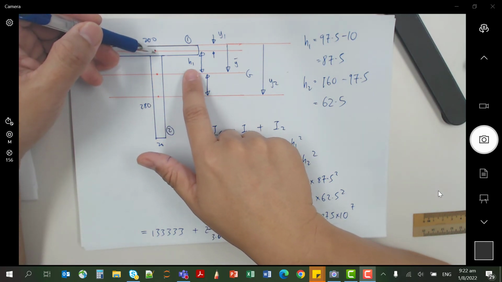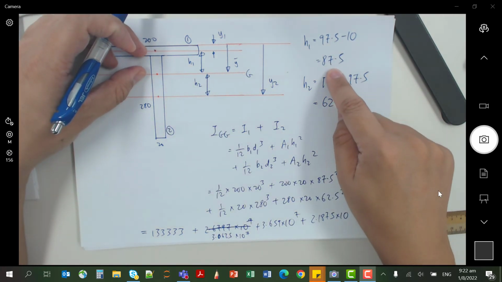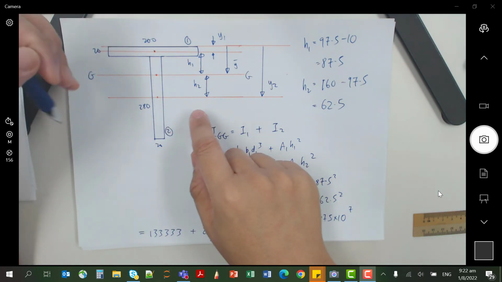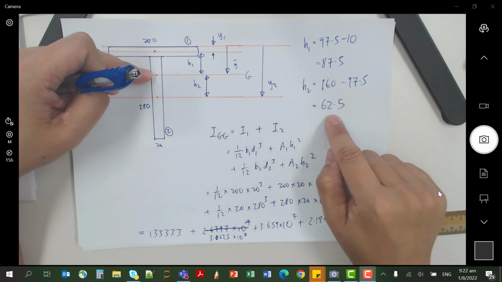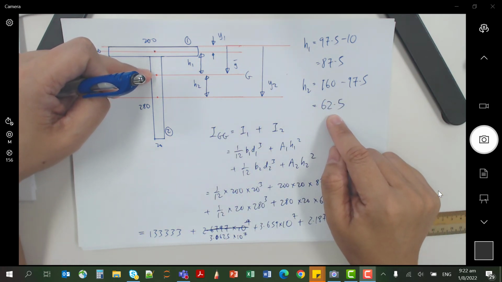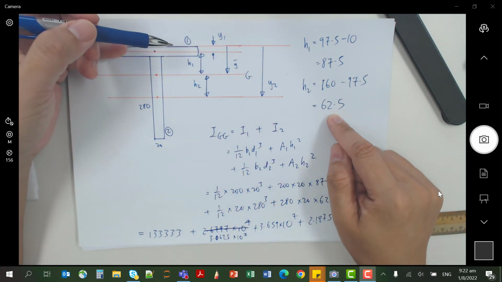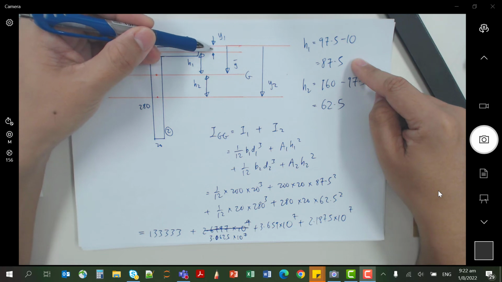H1 is this value here, 87.5. And H2 is the distance CG2 is away from the GG line, which is 62.5. So it's basically this minus this, and H1 is this minus this.